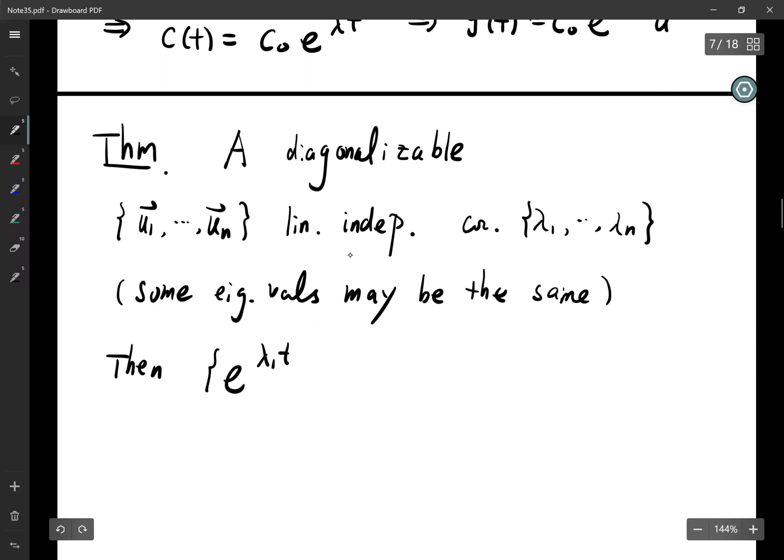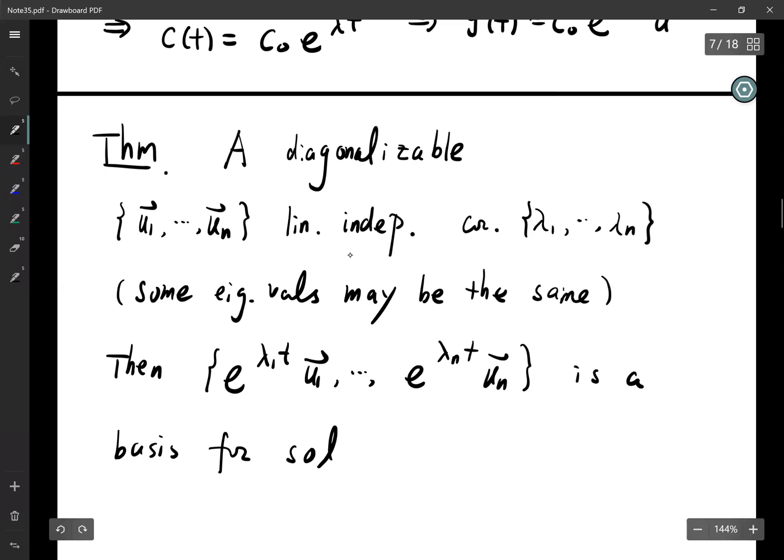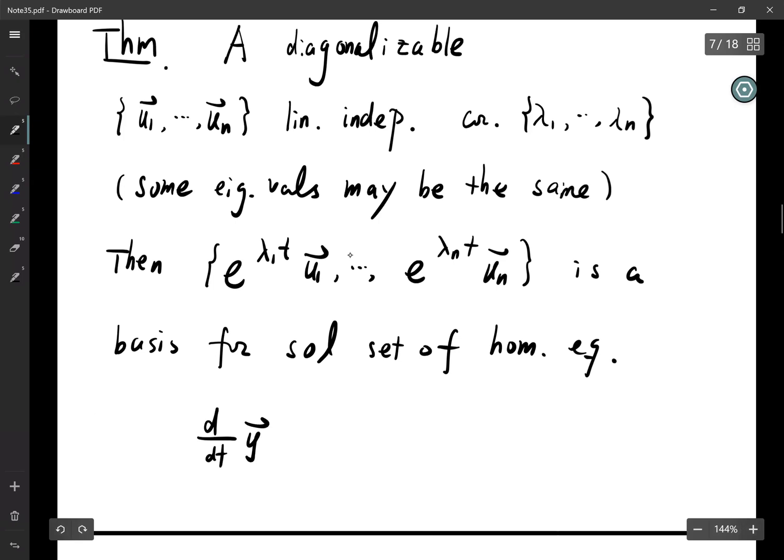exponential lambda 1 t u1, up to exponential lambda n t un, is a basis for the solution set of the homogeneous equation, which is d/dt y(t) equals A y(t).